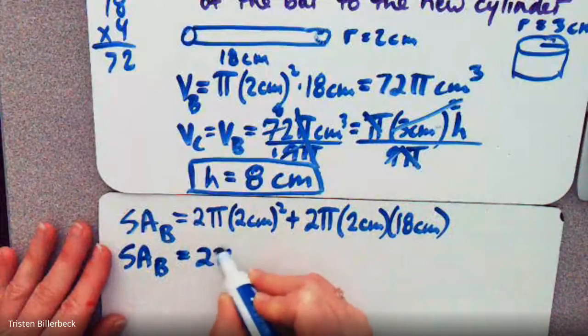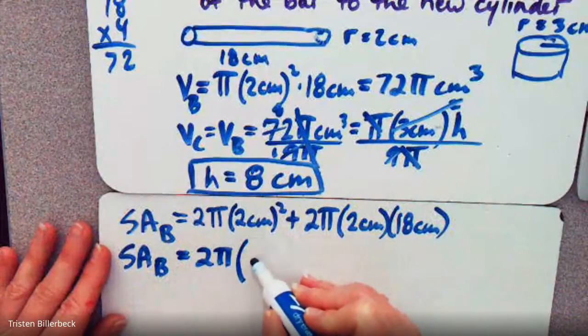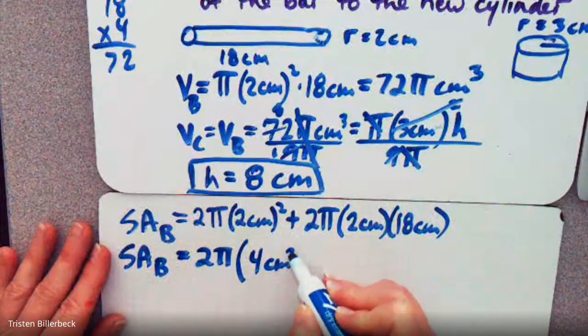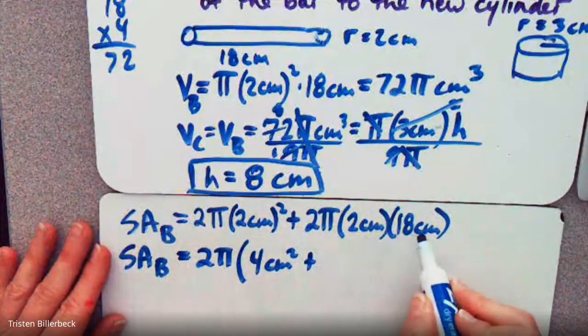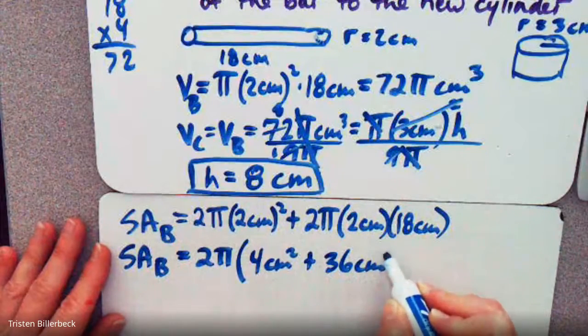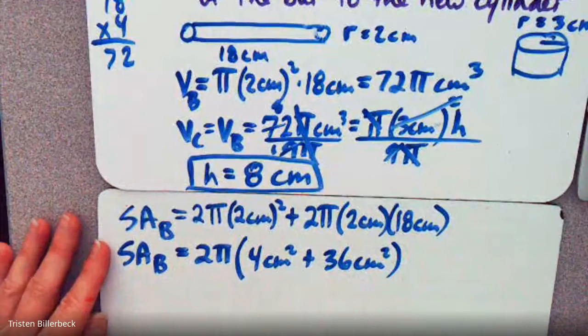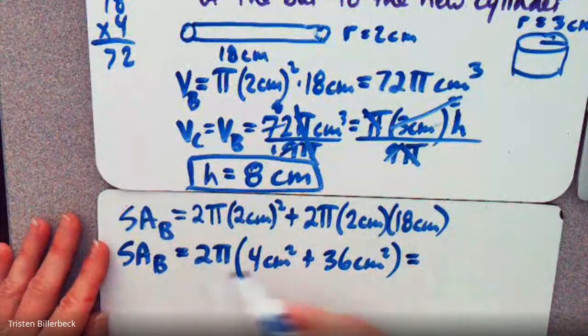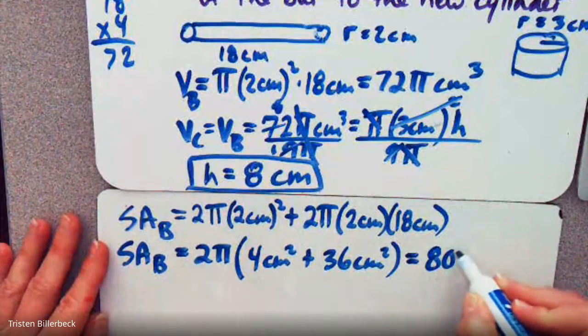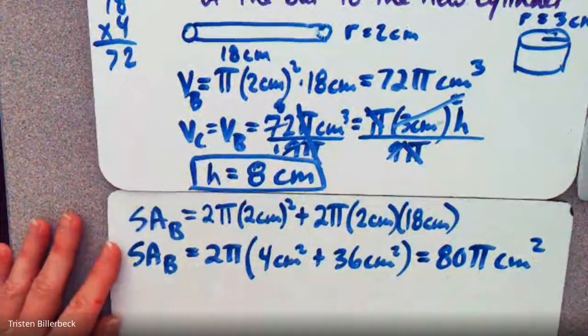Then 2 squared is 4 centimeters squared plus 2 times 18, which is 36 centimeters squared. That gives us 40, and 40 times 2 is 80 pi centimeters squared, the surface area of the bar.